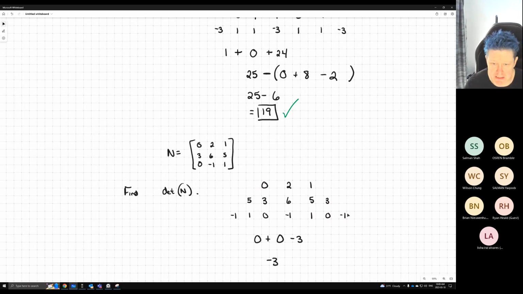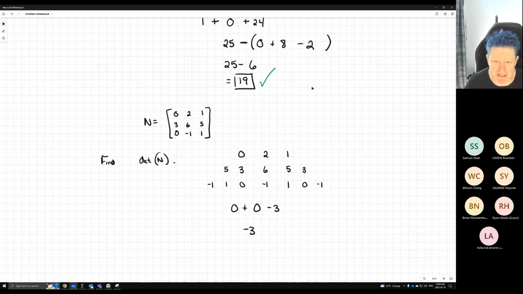What did I do next? I put that big minus sign in front of my big set of brackets. And now I'm going to go down and to the left instead of down and to the right, and I'm going to add those products up as well. The first one is 0 because it's got a 0 in it.